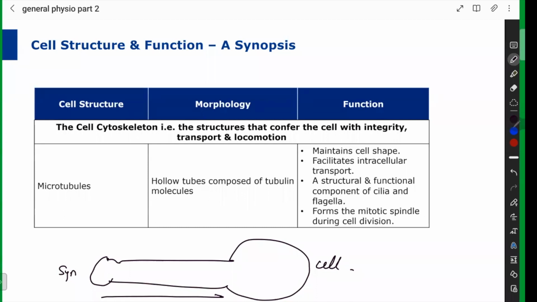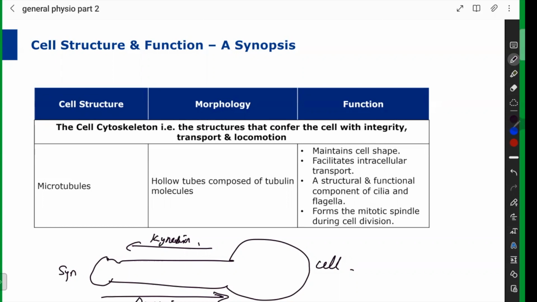So who is going to cause anterograde? Who is going to cause retrograde? Sorry, kinesin is going to cause anterograde and your dynein is going to cause retrograde. Is it clear? So all these things are a neuronal transporting mechanism.